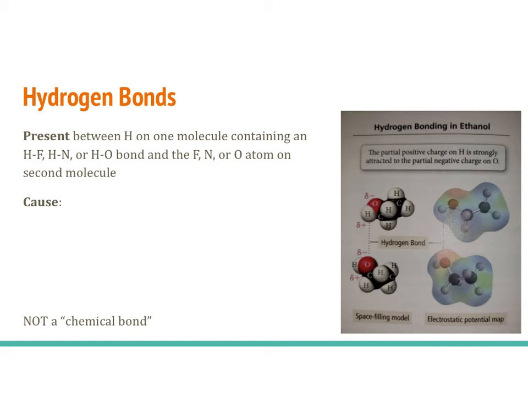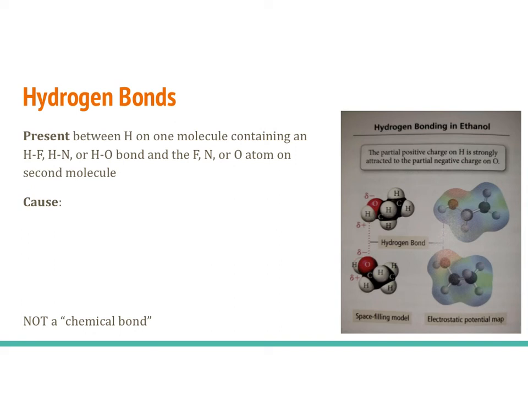That's a covalent bond. But if we look at these molecules here, in this molecule there's a bond between H and O, and in this molecule there's a covalent bond between H and O. These HO covalent bonds are exceptionally polar because oxygen has a very high electronegativity and hydrogen has a weak attraction for its electrons, so the electrons spend more time around the oxygen, making this bond have a negative side at the oxygen and a positive side on the hydrogen side.